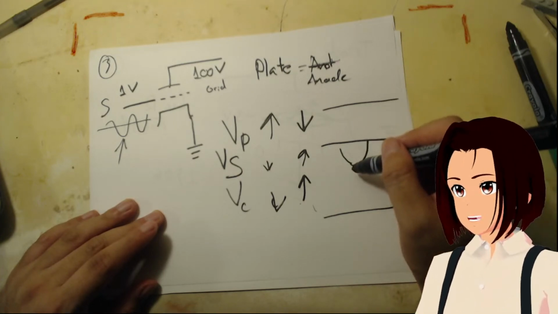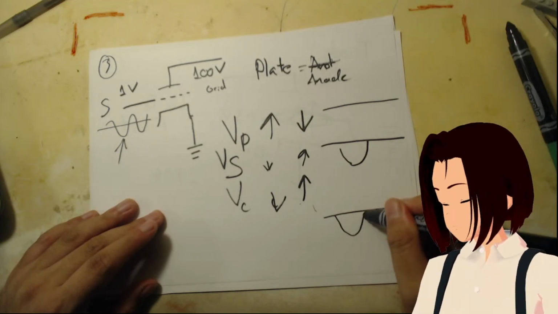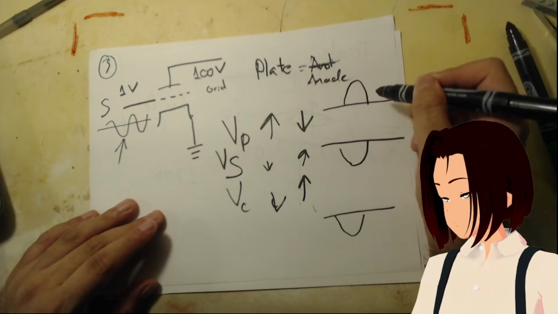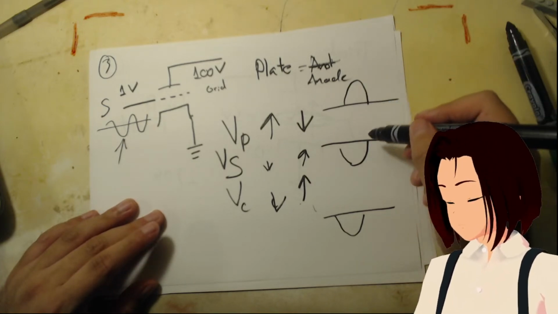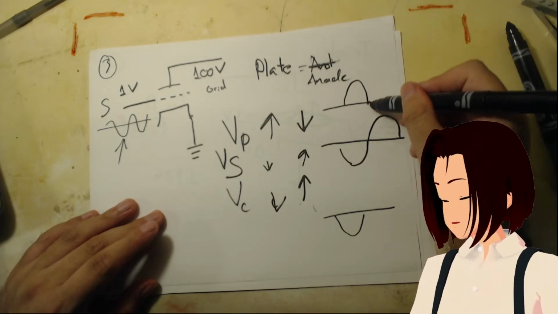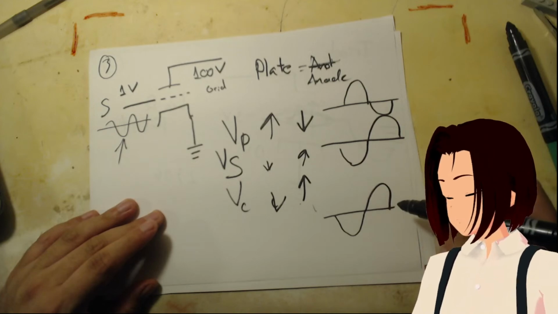So when the signal is low here, the cathode voltage will also be low, but the plate voltage will be high. And now, when the signal voltage gets high, the plate voltage is low and the cathode voltage is high.